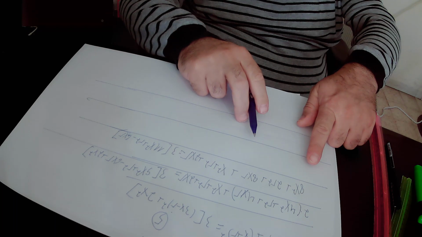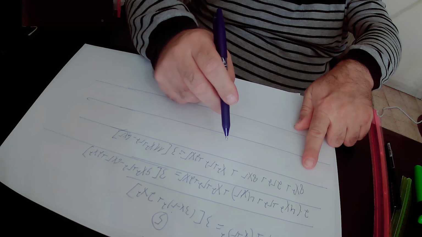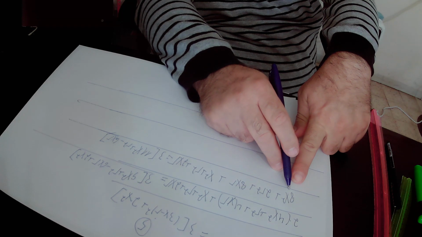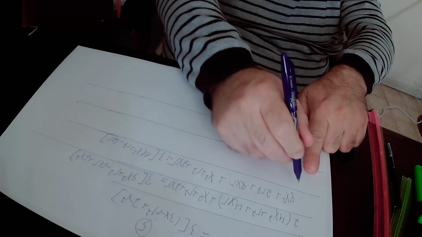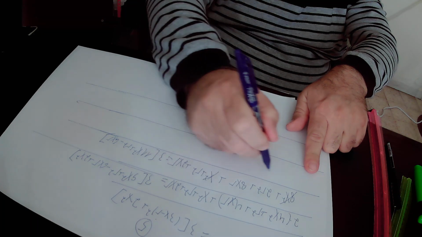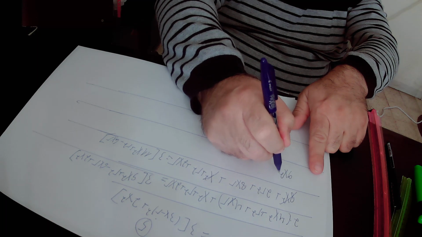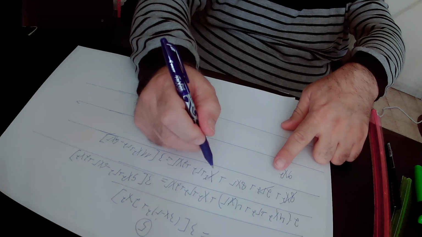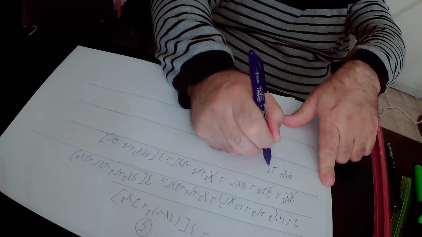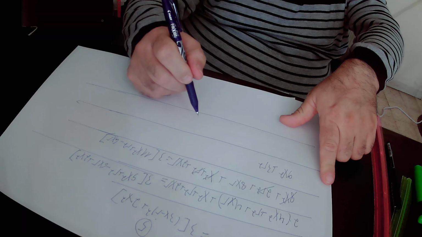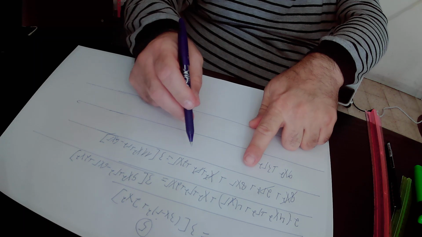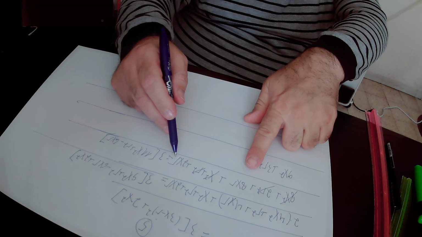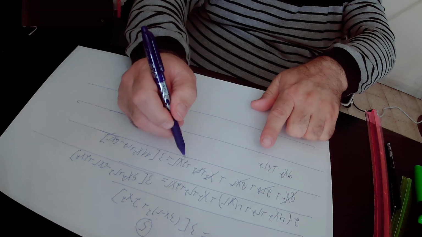On this side of the equation we have 8x squared plus x squared, which is 9x squared. 2r squared plus r squared is 3r squared. 8xr plus 2xr is 10xr.